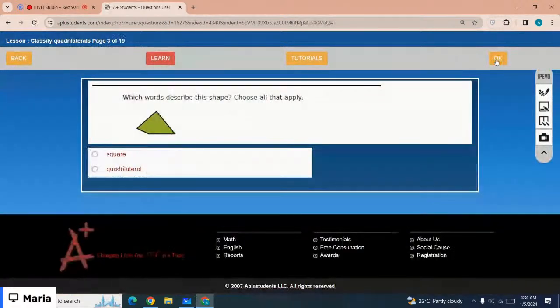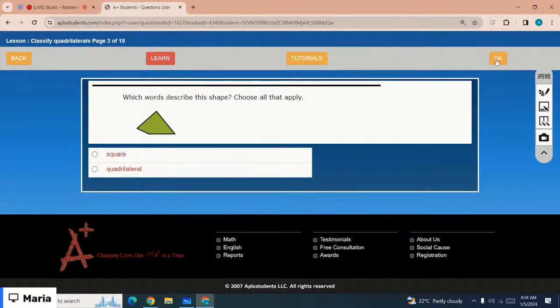What word describes this shape? Choose all that apply. Square or quadrilateral, which is the correct option? That is the quadrilateral.